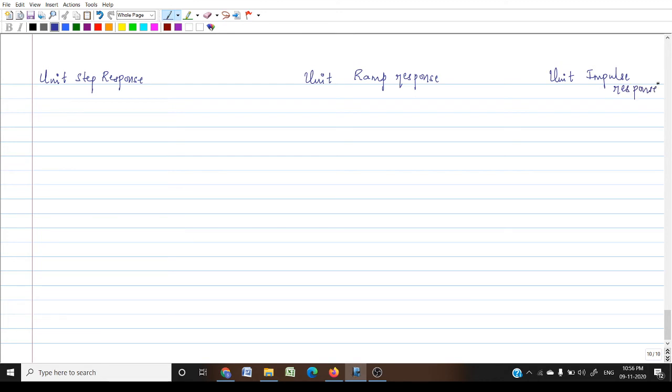So coming to the responses, just a minute, I'll write it in one order. Let this be unit ramp, and let this be unit step.